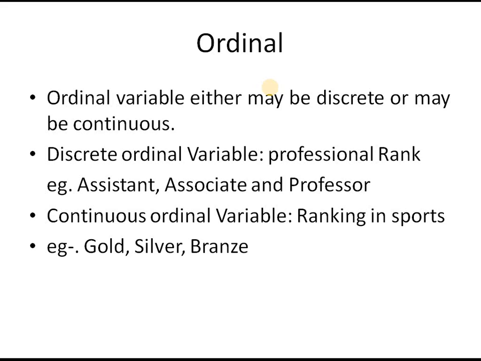Ordinal variables may also be obtained from the discretization of interval-scaled quantities by splitting the value range into a finite number of classes, such as ranking in sports like gold, silver, and bronze.